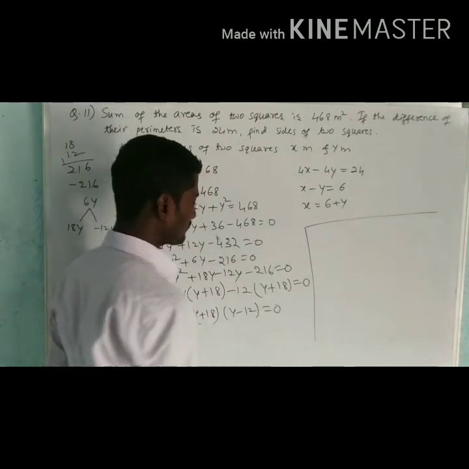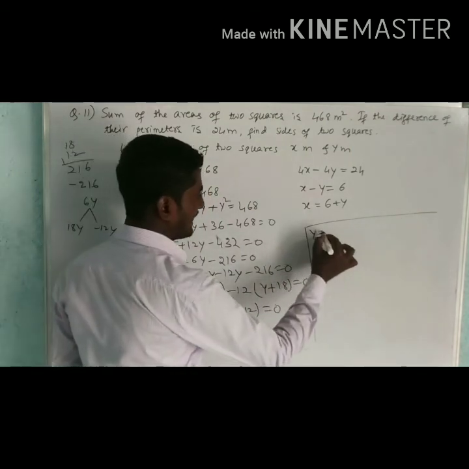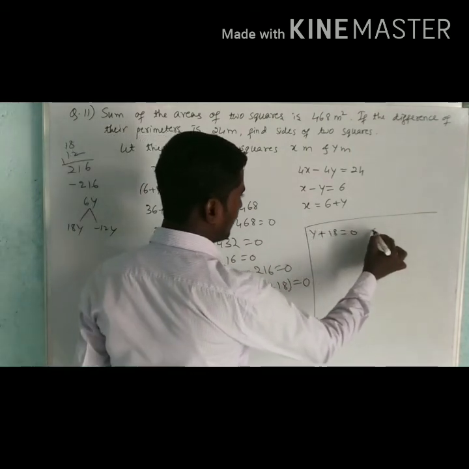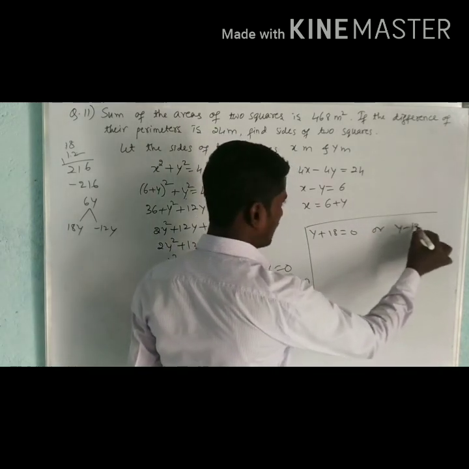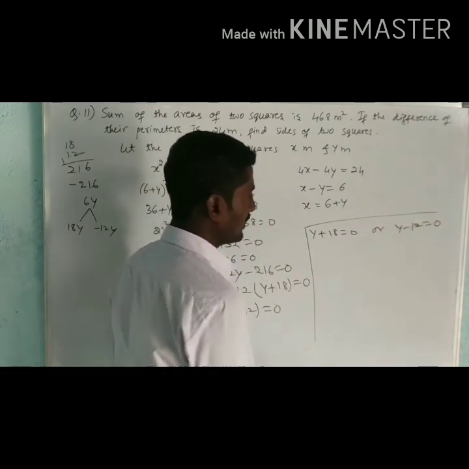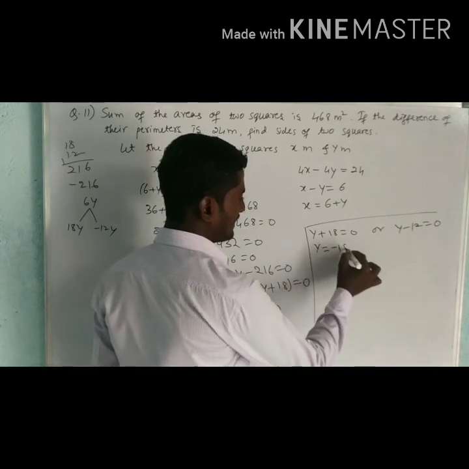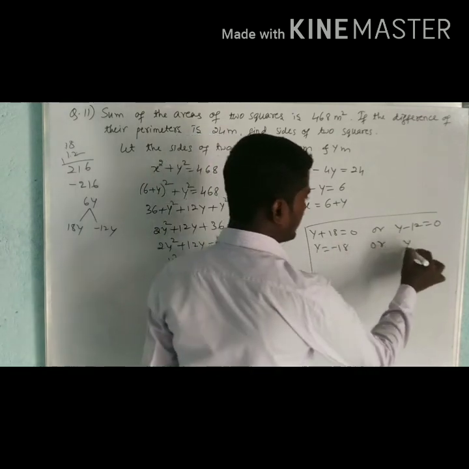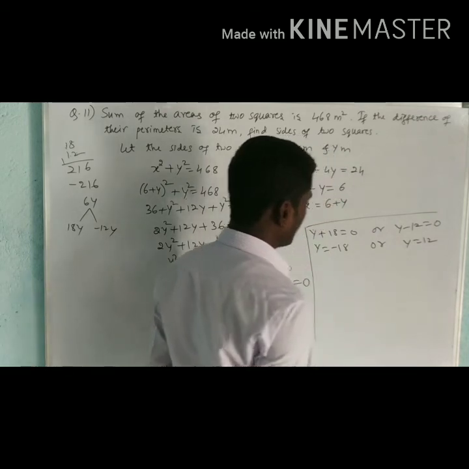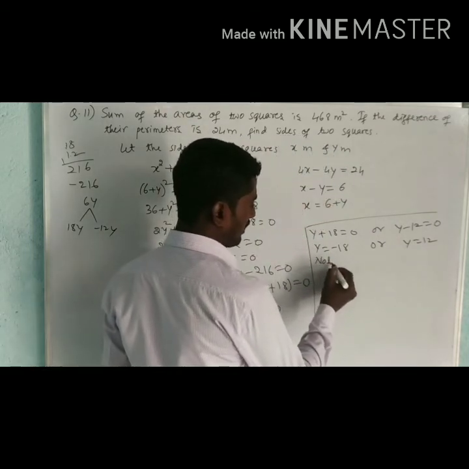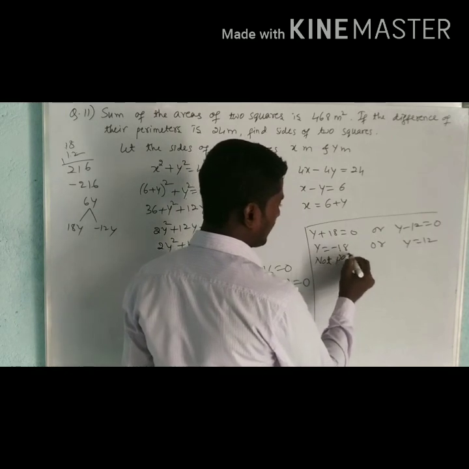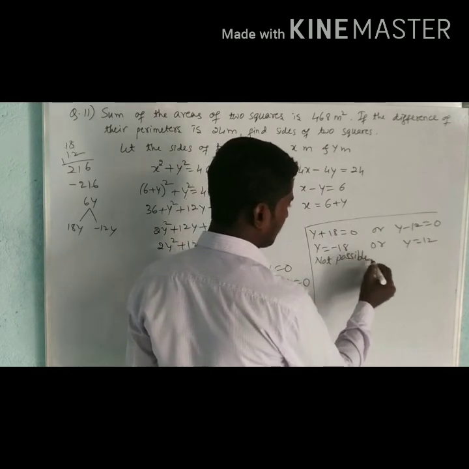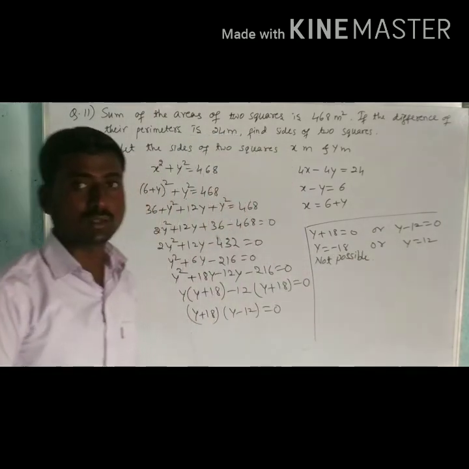Now here y plus 18 is equal to 0 or y minus 12 is equal to 0. So y is equal to minus 18 or y is equal to 12. Here minus 18 is not possible because y is nothing but the side of the square. Side of the square cannot be negative. Therefore it is not possible. The only value of y is 12.